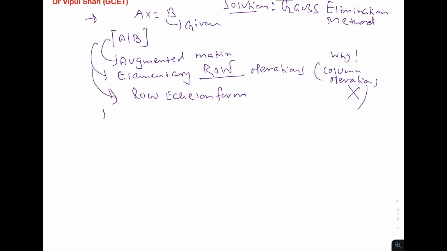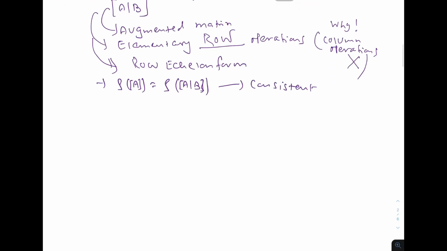Then if rank of A and rank of this augmented matrix are equal, then the system is consistent. That means it has either a unique solution or infinitely many solutions.